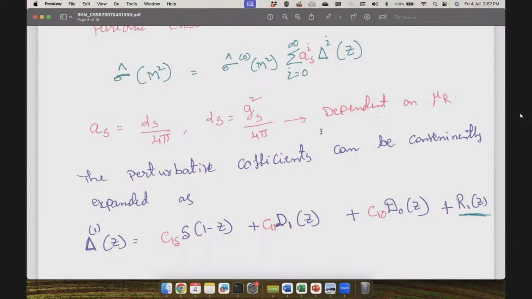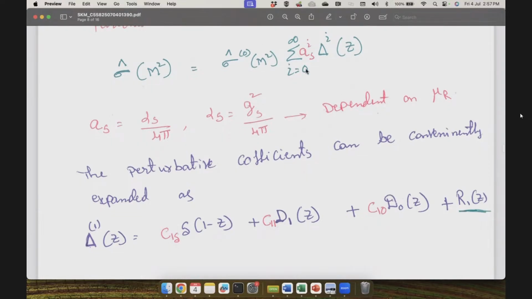They do not have any dimensions. All the information about the scattering cross section or the kinematic distributions, all the units, everything is encoded in sigma naught itself. Now what we calculate from the perturbation theory point of view is this Delta_i.